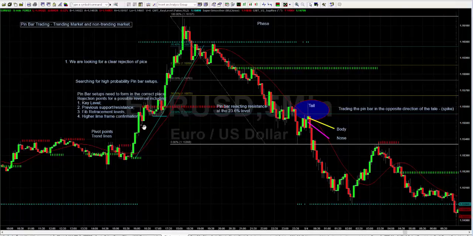price action. And what else? What can we use to identify non-trending? What indicators, or not indicators, but what mechanism can we use to indicate non-trending?